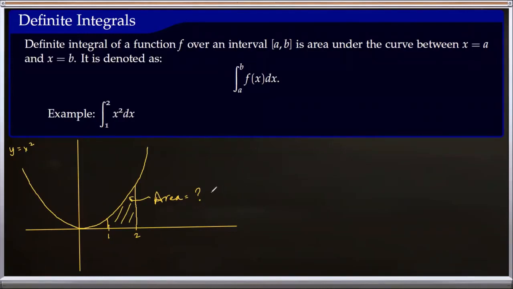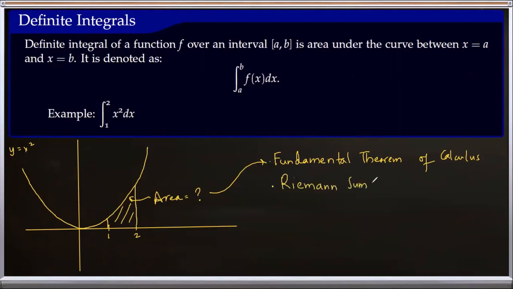In order to find an area like this, we need to use a little bit more advanced tools for integrals, such as the fundamental theorem of calculus, which we will do in our next video. Or we can also look at Riemann sums, the method of Riemann sums. So we will talk about these in our next videos.